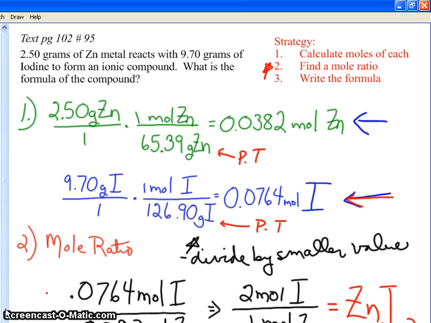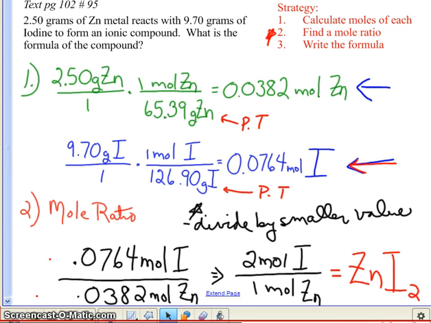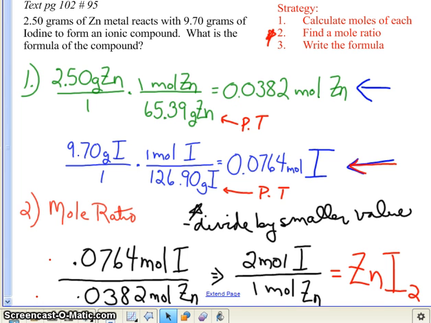Take the moles of iodine divided by the moles of zinc, do the math, 2-to-1 ratio, 2 iodine, 1 zinc.